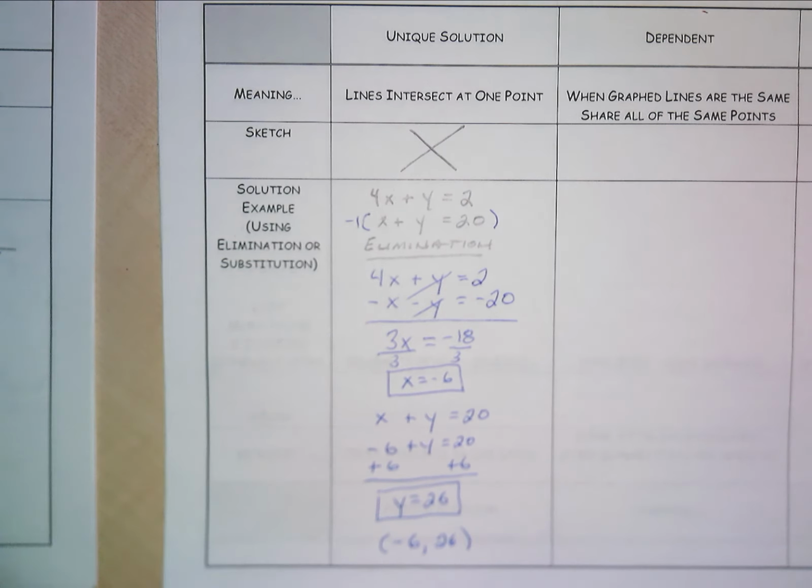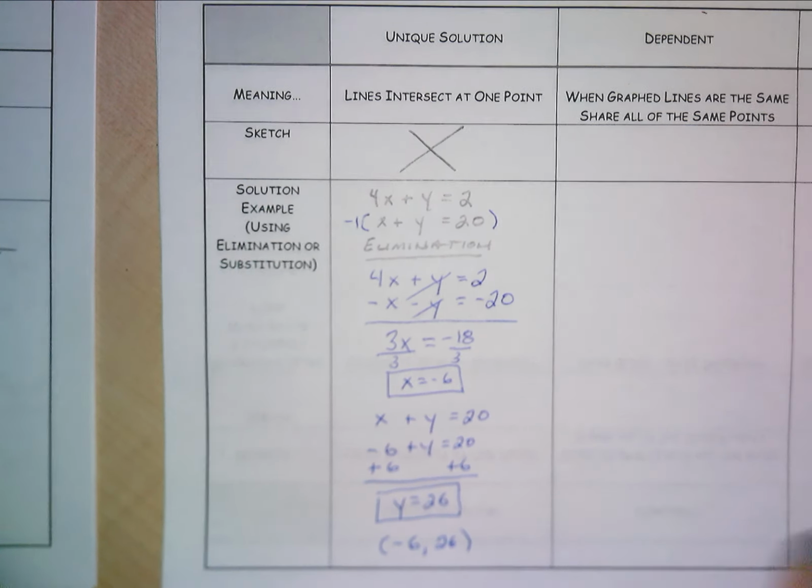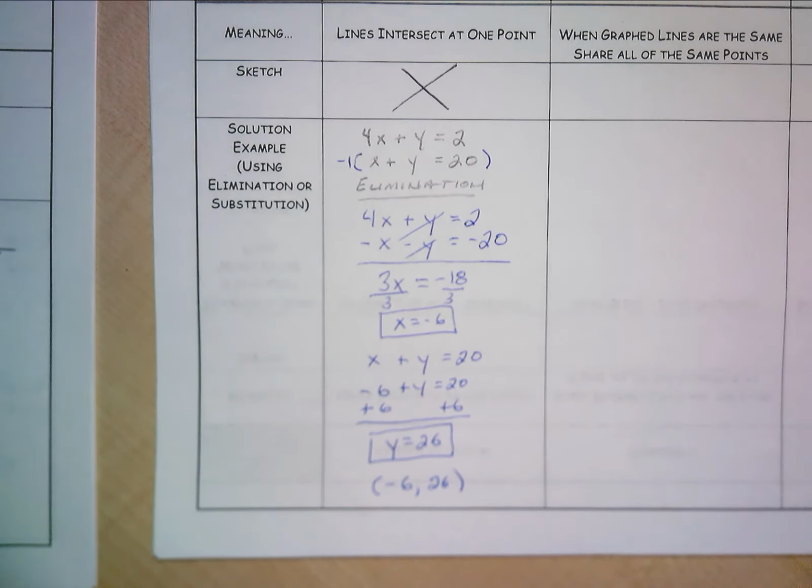So if we go through a set of equations and use a process like elimination, and we get a point, then we know that the lines cross, and that's the point where the lines cross. These two equations, if I graph them, would cross at -6, 26.